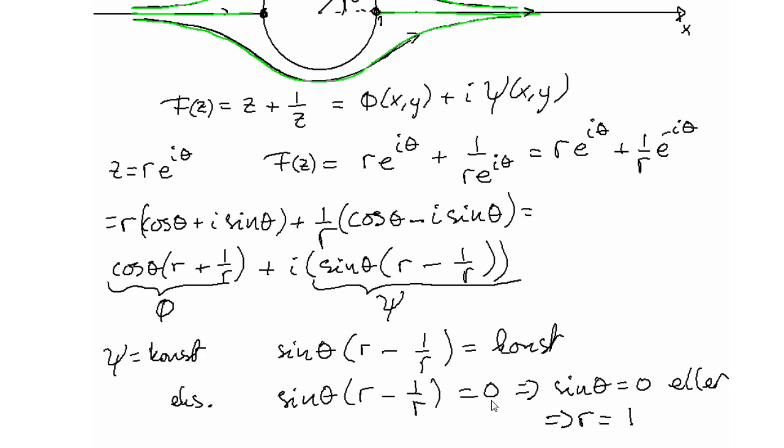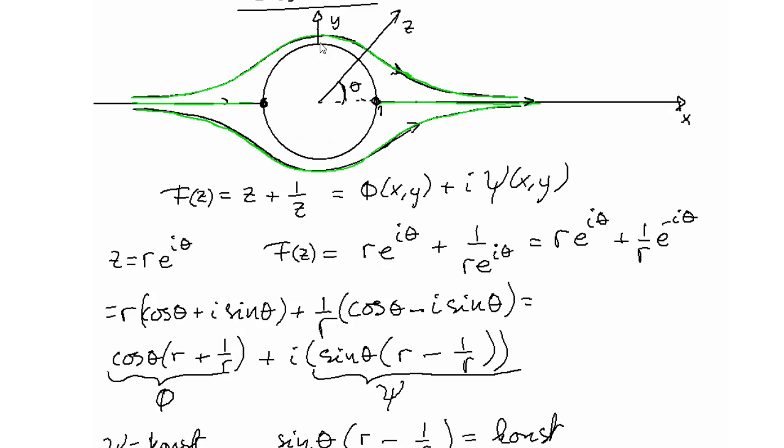This is a very interesting streamline, because when r is 1, we know that we are on this boundary, because this circle has radius equal to 1 and is centered at 0, and either theta is equal to 0 or pi, which is on this point, or we are on this part of the boundary.